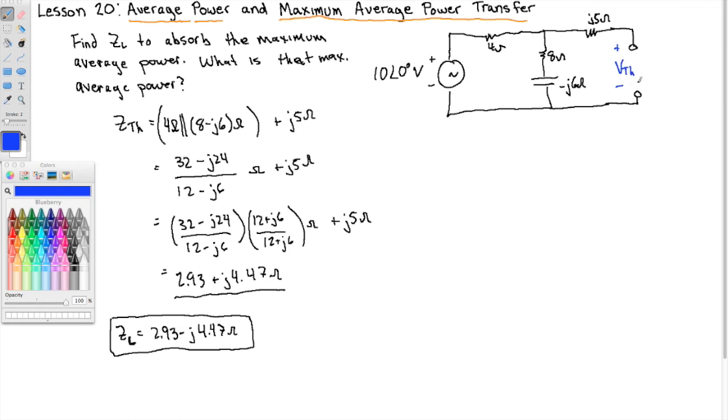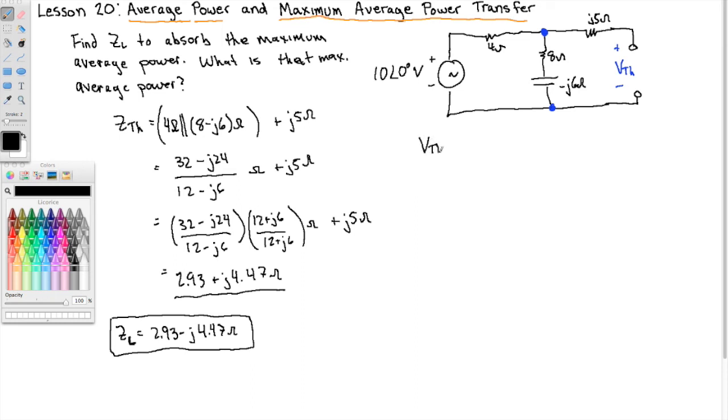Because this is open, there's no drop across the j5 ohm impedance. So finding V Thevenin, the open circuit voltage, is equivalent to finding the voltage drop here. I can get this drop across the series combination using voltage division.